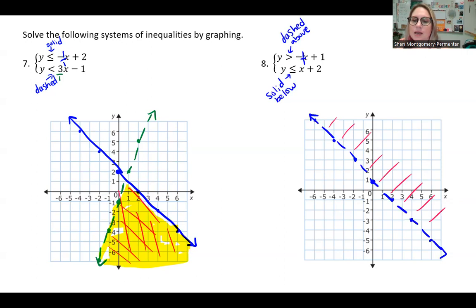For my second line, I'm going to put my y-intercept at 2. That one has a slope of +1 or +1 over 1 if you need to write it as a fraction. So I go up 1 over 1, or I could go by 2s, up 2 over 2. This one is going to be a solid line.